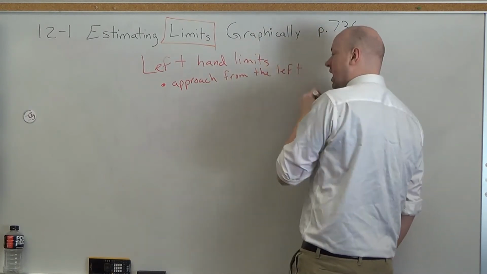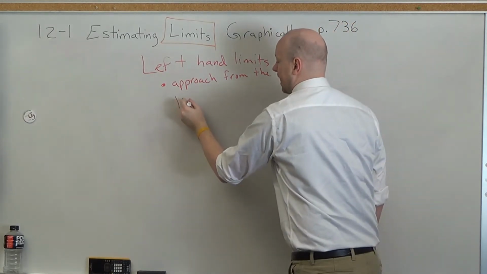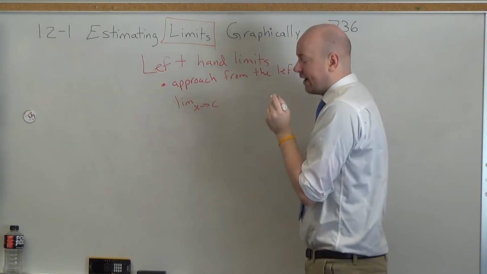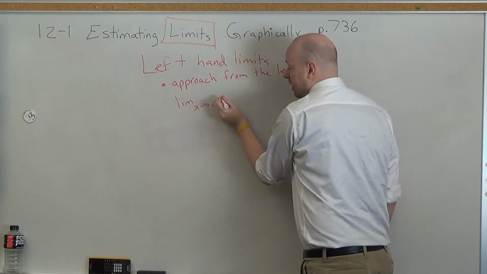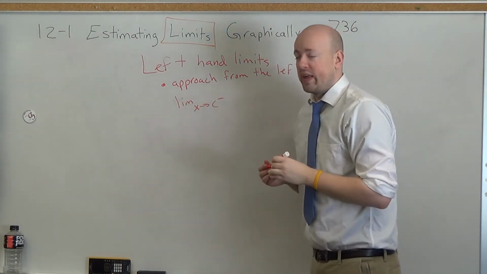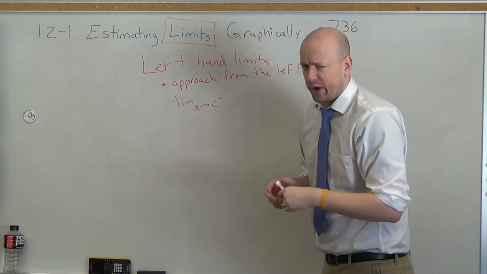If you were just talking about the left-hand limit, as x approaches c from the left, you will have a c, and then you'll have a minus sign up where the exponents normally would. That just means you're approaching it from the left, from the negative values in theory if you're approaching 0.